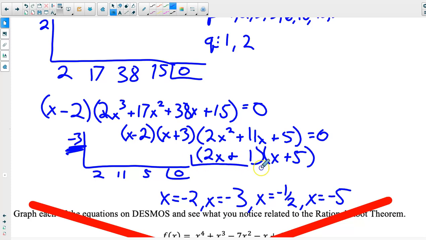I expect work shown on this one. I'm not going to though, because I have something else that I want us to do. Plus x equals positive, wait, -2. Or negative, it's positive. That's my bad. I was rushing because I want to get to one last thing. Thank you for catching that. So there's our 4 solutions.